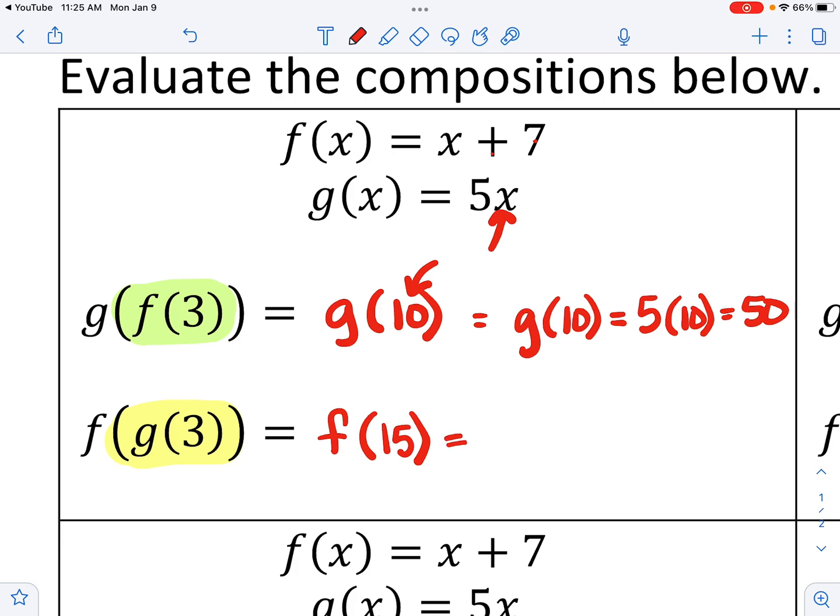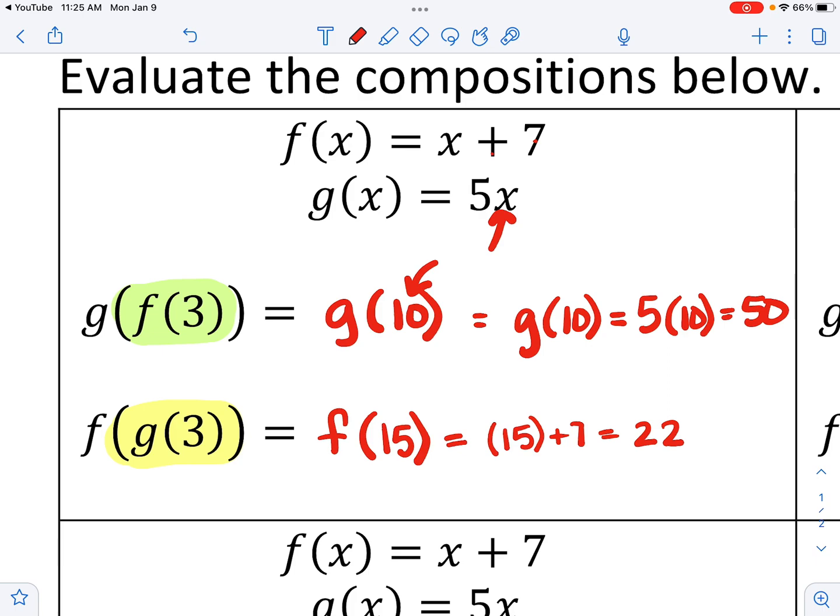And to do that, I can recognize that f of 15 is equal to 15 plus 7, which equals 22. Oh, now that's interesting.